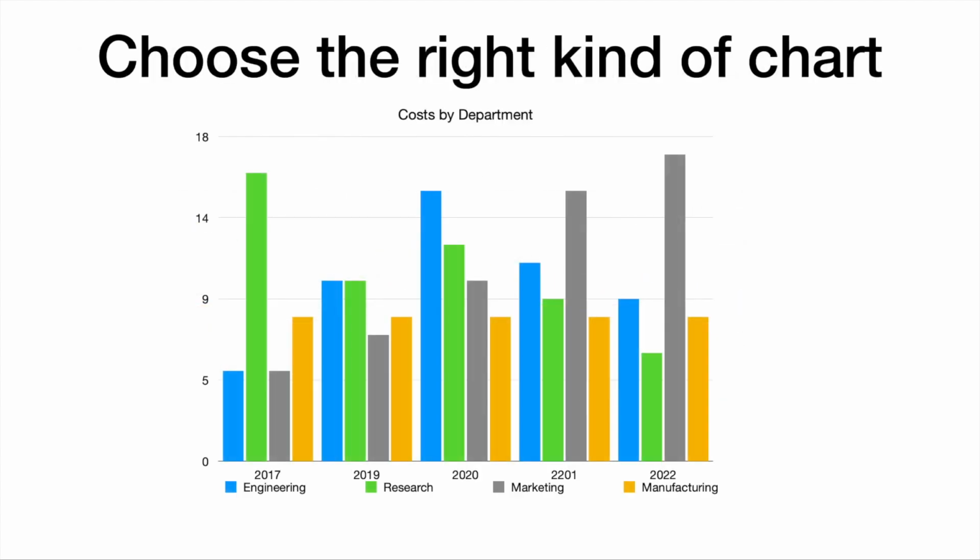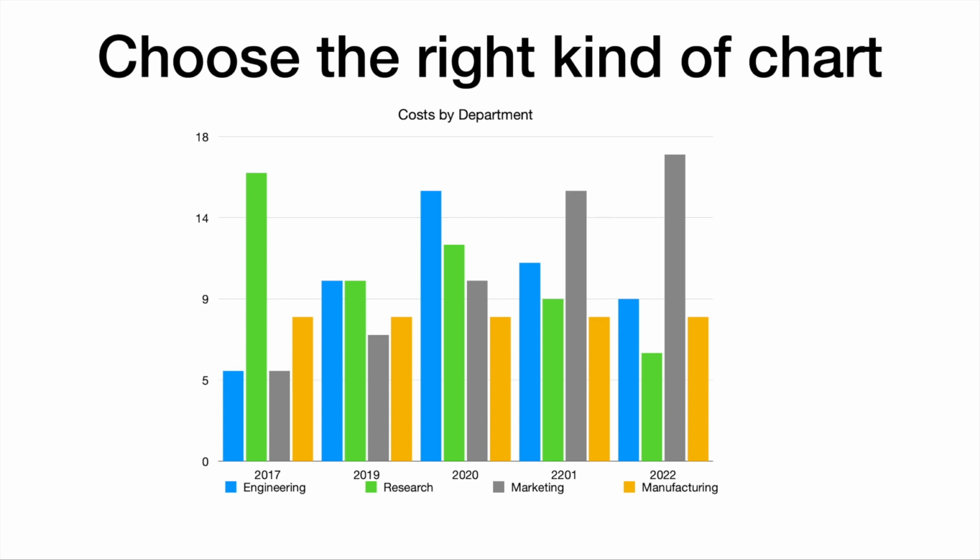It's important, however, to choose the right kind of chart. Excel and other spreadsheets can provide lots of different kinds of charts, and some people just select the data, then select a chart, and decide what looks the prettiest.